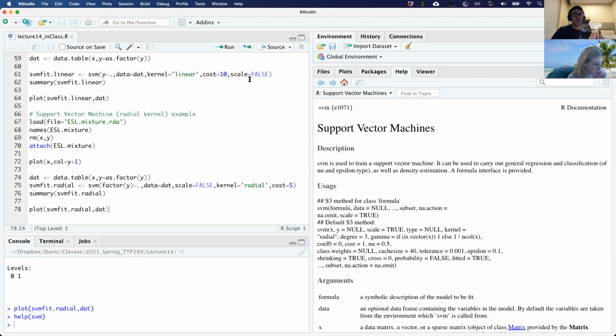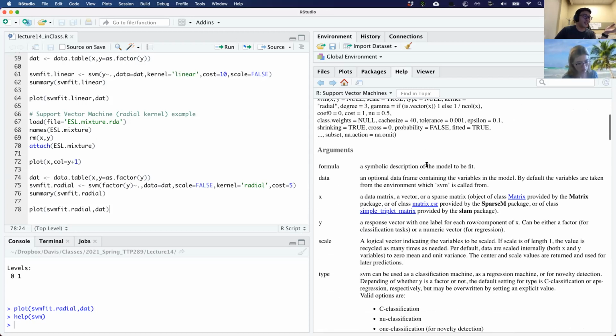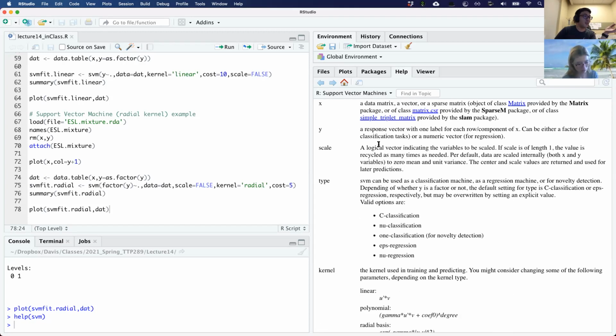And so if you don't do scaling, it may, in some contexts, much more favor one particular variable and not care about your other one as much. In this case, I don't need to scale because they're the same. Yep, yeah, that's exactly what it's doing.